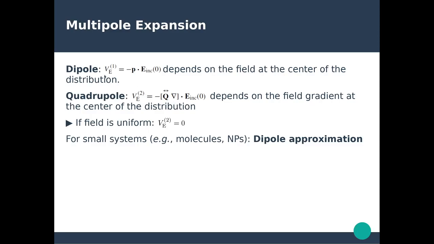Therefore, only the dipolar interaction will remain. So if you have a fairly uniform field across the charge distribution, because you have a small molecule or a small nanoparticle, we can use just the dipole approximation and calculate the electric potential only via the dipole interaction term.